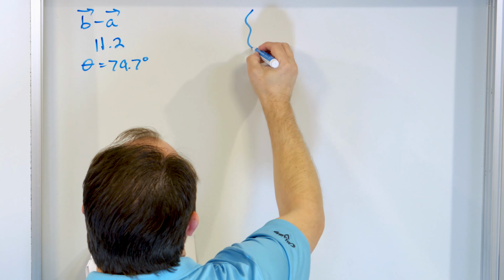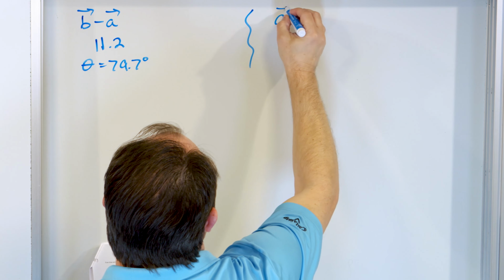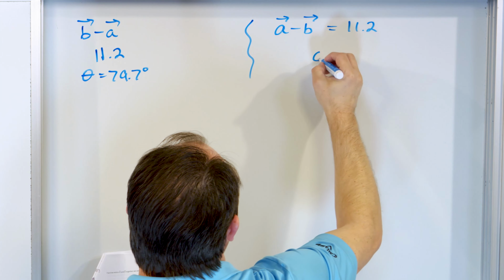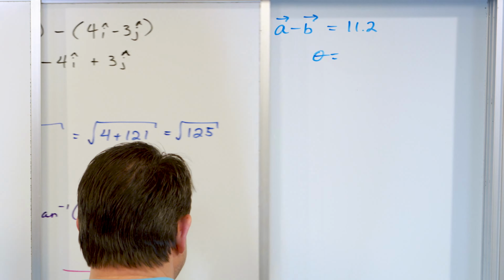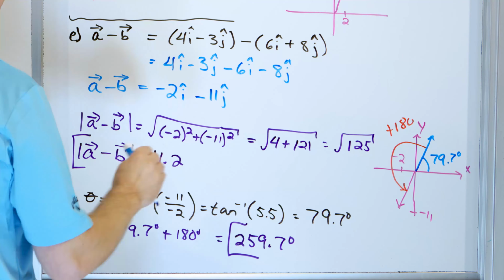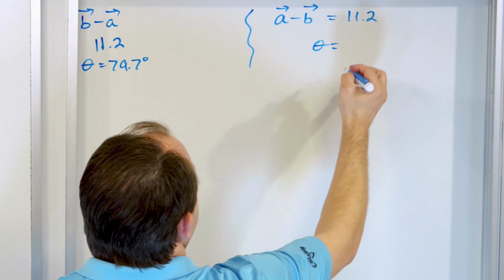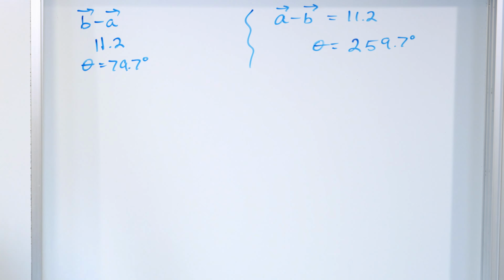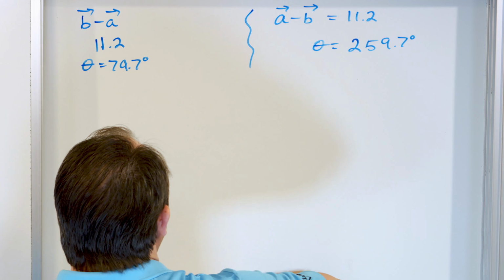And then we had A minus B, which was also a magnitude of 11.2, but the angle was different. The angle that we got when we calculated it correctly was 259.7 degrees.